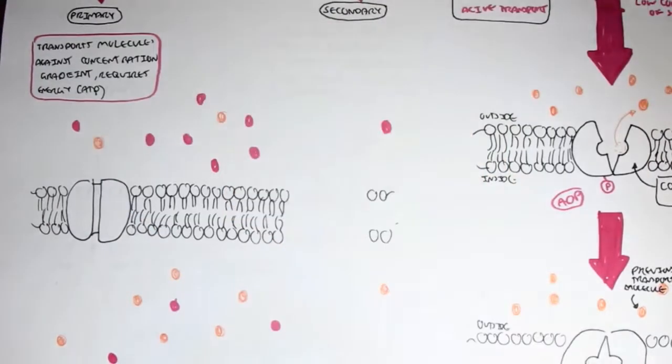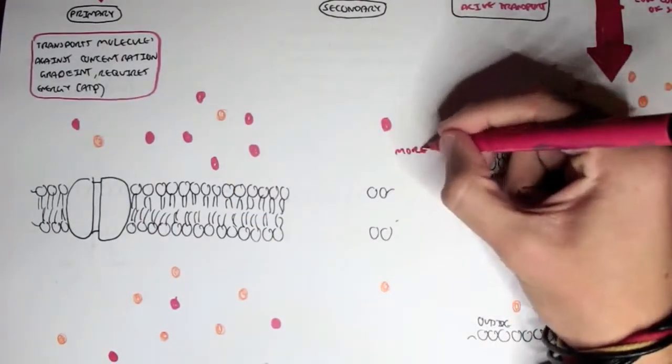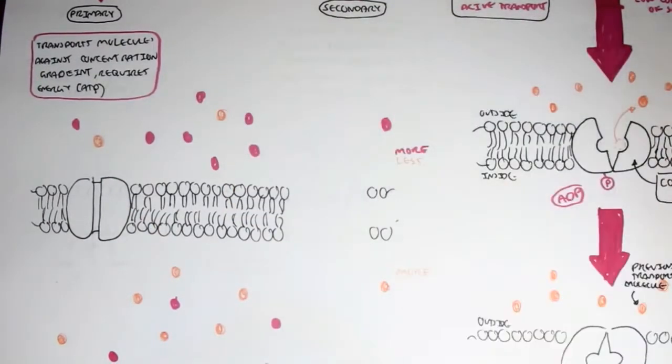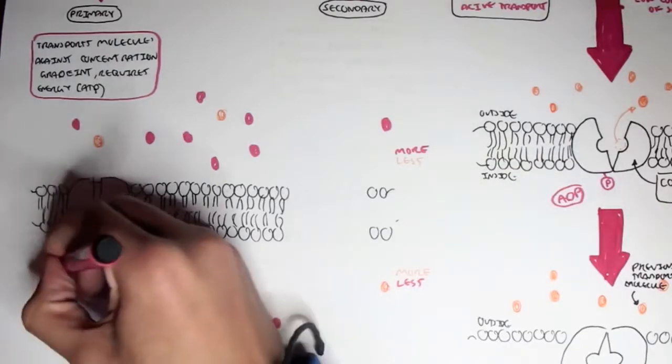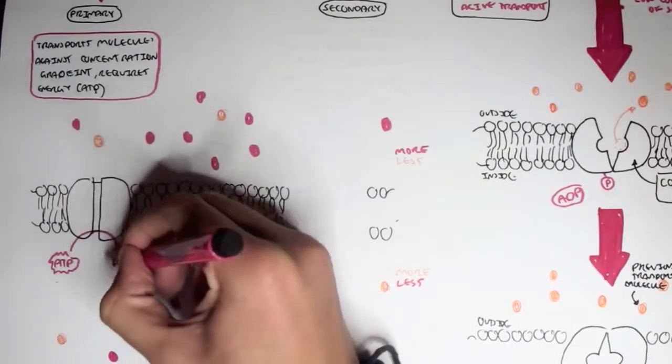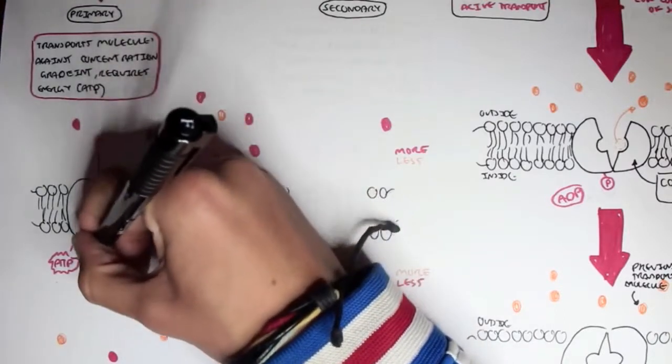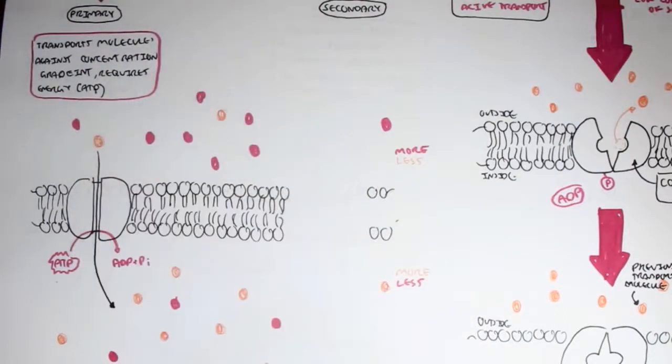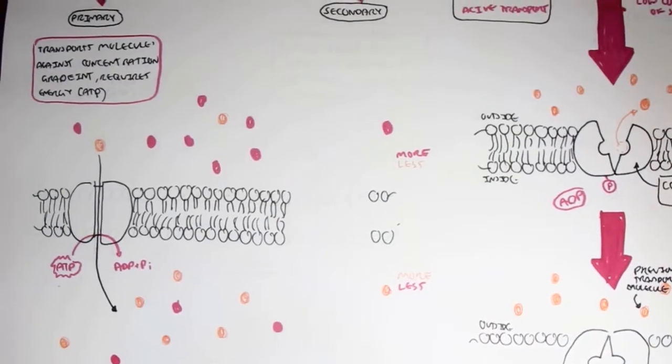As you can see, there is more red on the outside and less orange on the outside, and there's more orange on the inside and less red on the inside. So ATP is used and it causes an orange solute to go against its concentration gradient, because it's going to an area of high concentration of orange solutes.